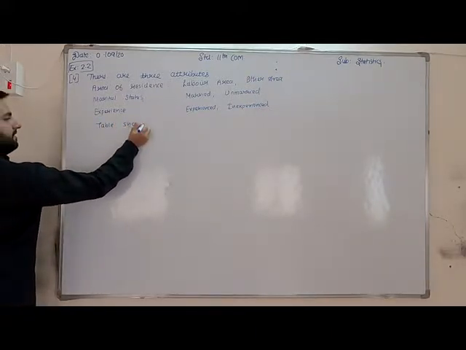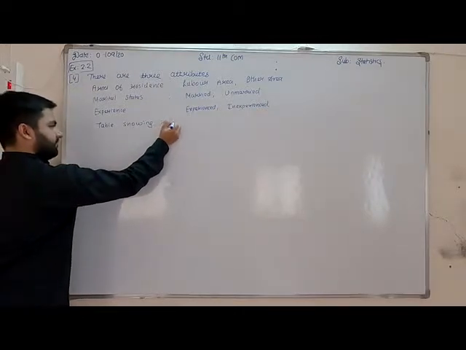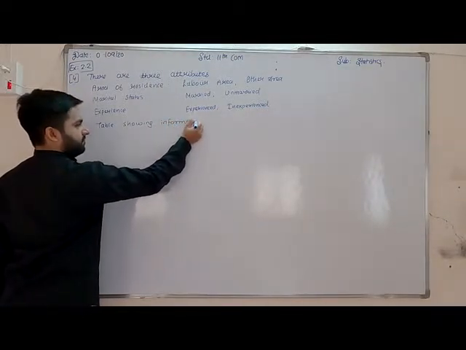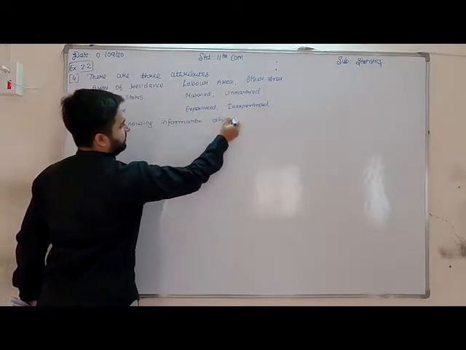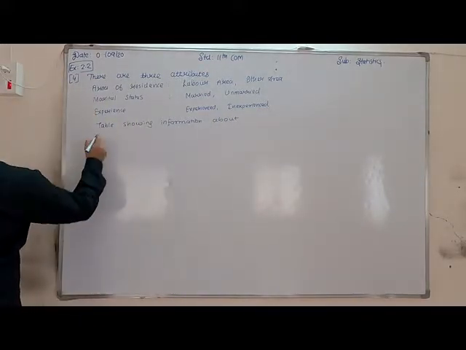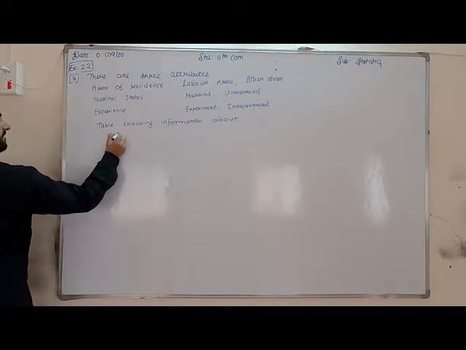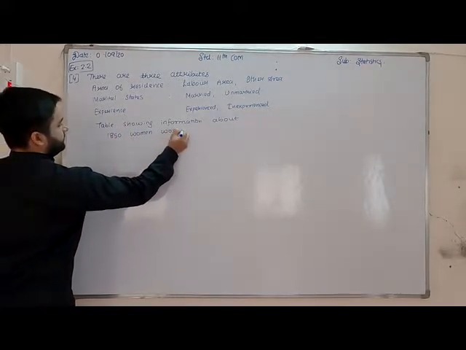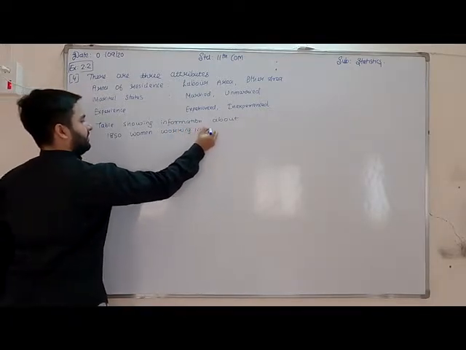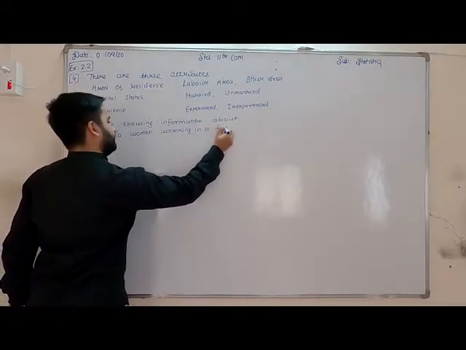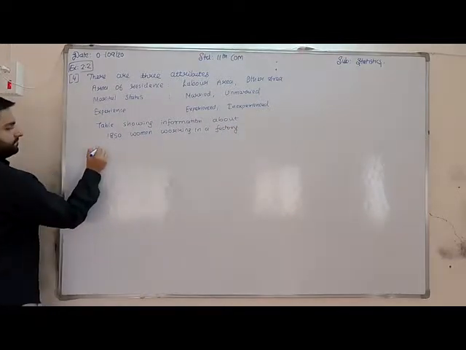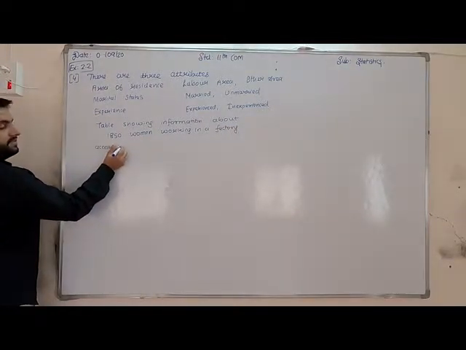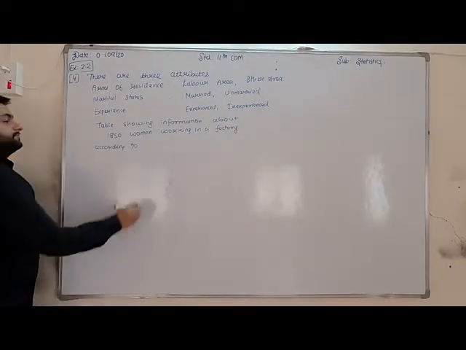Okay, now the title: table showing information about 1850 women working in a factory, as we can see from the book. Now the attributes, according to what?